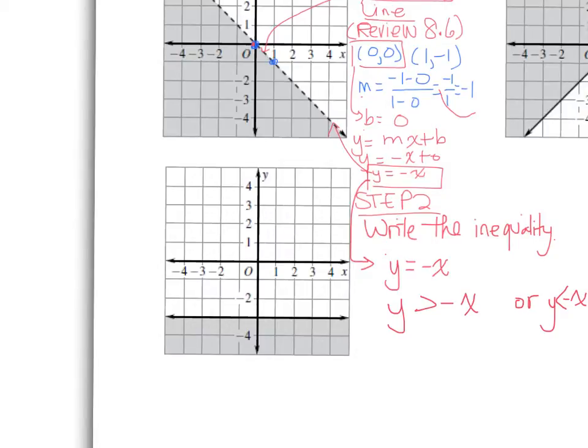I can only have these two options because this is a dotted line.